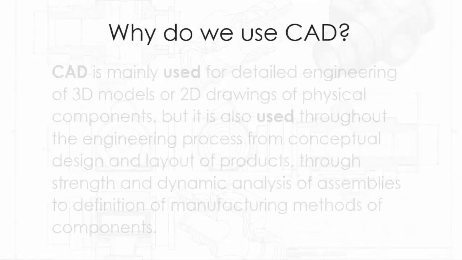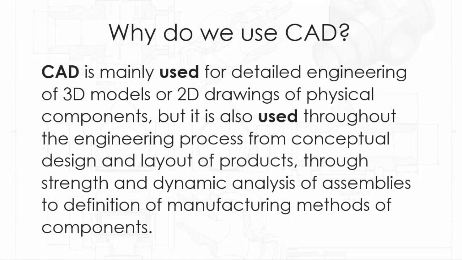So why do we use AutoCAD then? It is used for detailed engineering of 3D models or 2D drawings of physical components. It's also used throughout engineering processes for conceptual design. Want to draw a plant, a process, be it what may, layout of product, through strength and dynamic analysis of assemblies, to definition of manufacturing method of components.